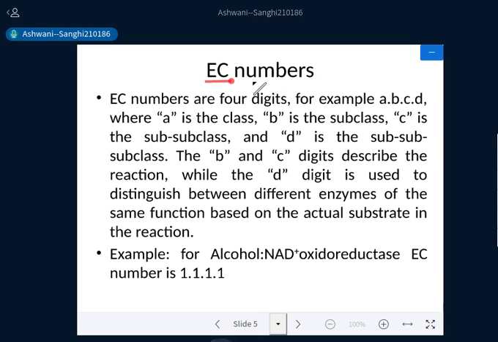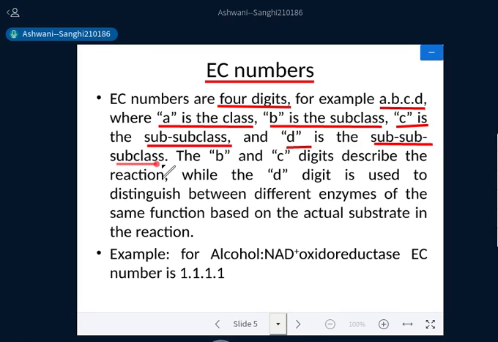Next, the EC number. EC is the Enzyme Commission number. These are 4 digits like A, B, C and D. A is the main class, B is the subclass, C is a further subclass, and D is a further subclass.